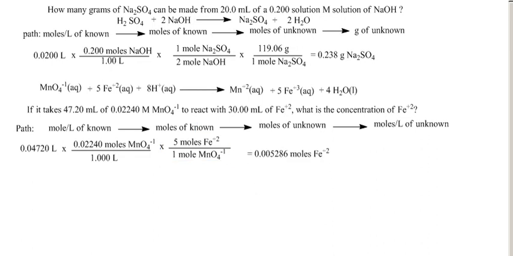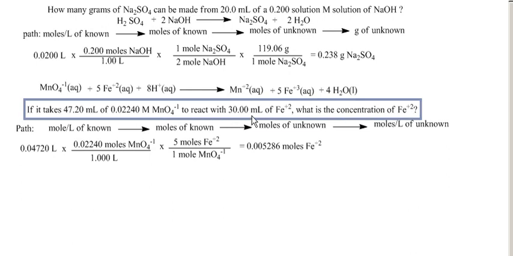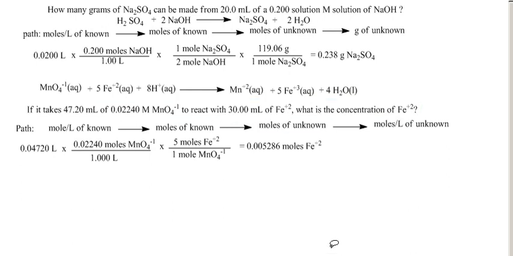And that means we have this many moles of iron plus 2. Well, we know that that iron plus 2 was in 30.00 milliliters of solution. So we use our definition of molarity, moles per liter, to come up with 0.1762 molar for the concentration of the iron.